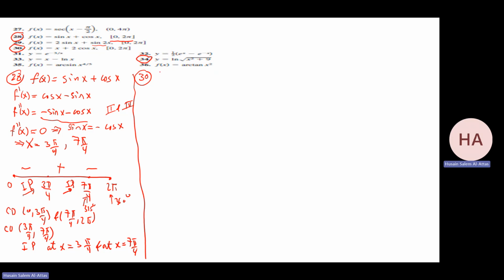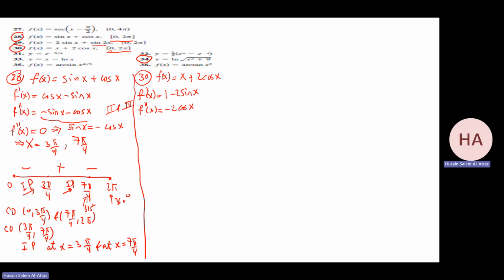I will do 30, where there's no need for a calculator. f of x equals x plus 2 cosine x. He gave us this interval. So f prime will be 1 minus 2 sine x. f double prime will be minus 2 cosine x.